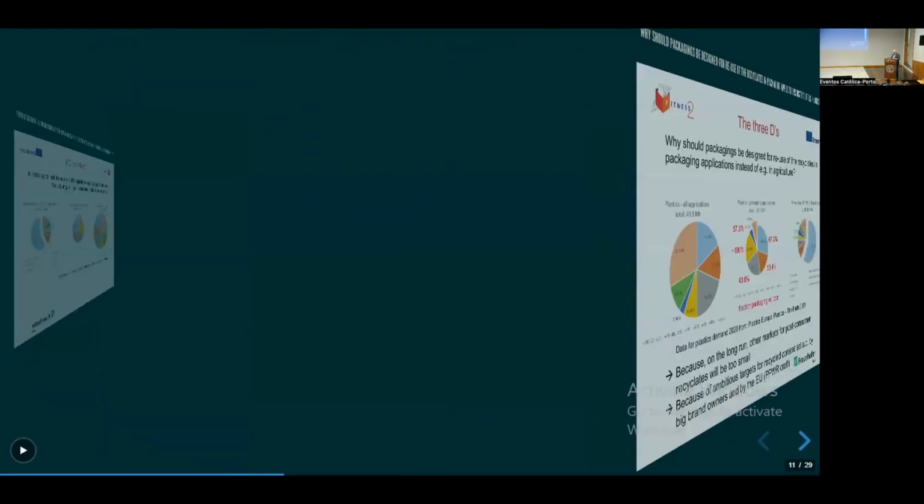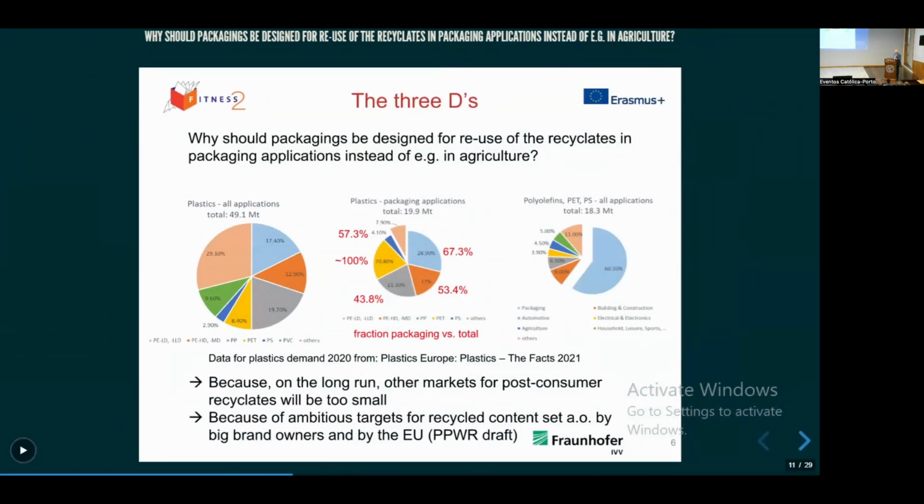If you look at the single figures, you will see that more than 60% of the LDPE is used for packaging, more than 50% of the HDPE. Only polypropylene is different, it's less than 50%, but PET is close to 100%, and polystyrene again more than 50%.